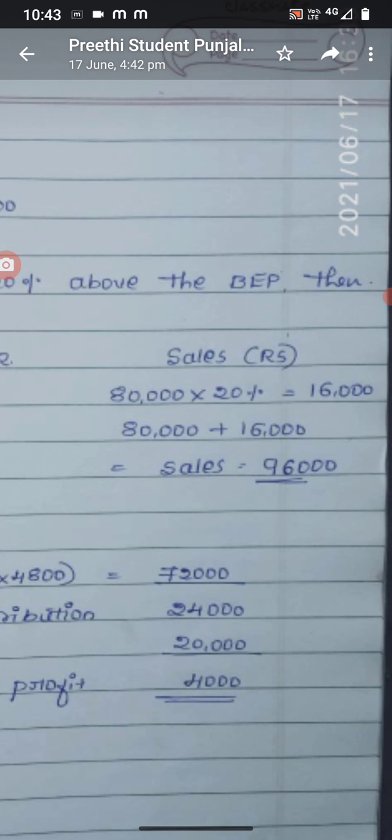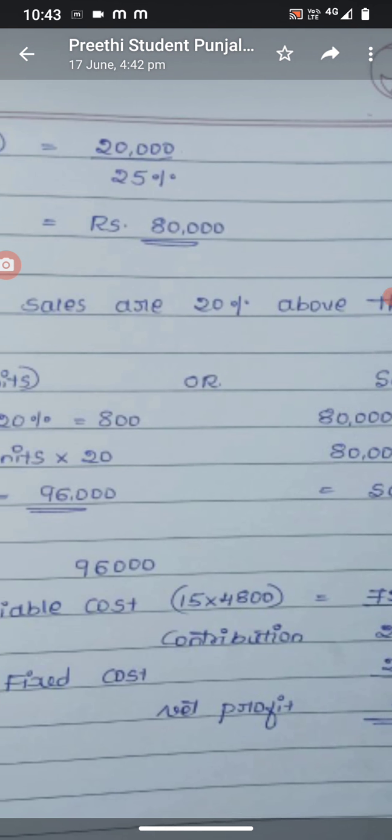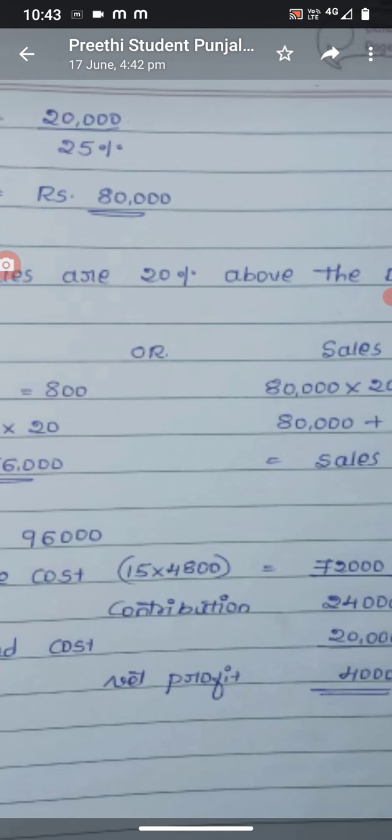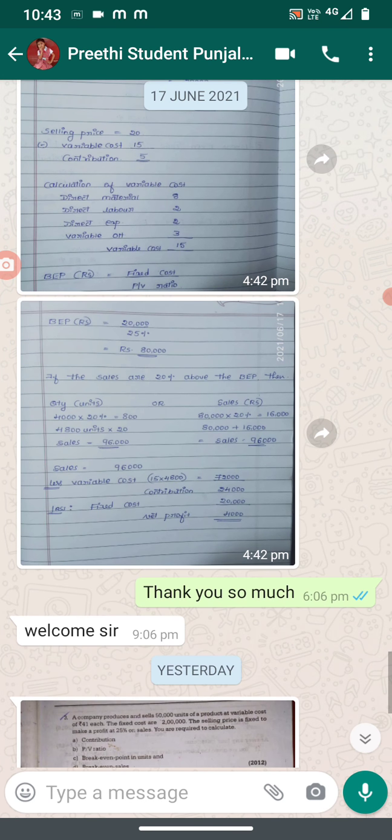How much will it come to? 16,000. Correct. So 80,000 plus 16,000, sales will be 96,000. The remaining is the same: 96,000 minus 72,000, you will get 24,000. So what is the profit you get? 4,000 rupees.